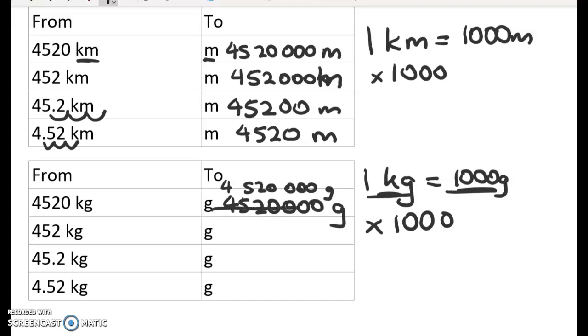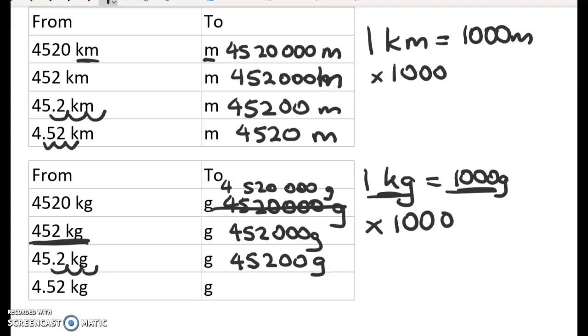Put some gaps in. This one here, 452,000 grams. Here we need 3 place value columns, so 45,200 grams, and 4,520 grams for this one.